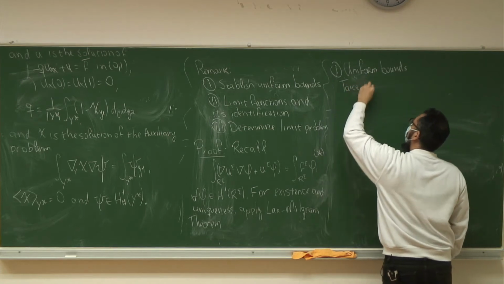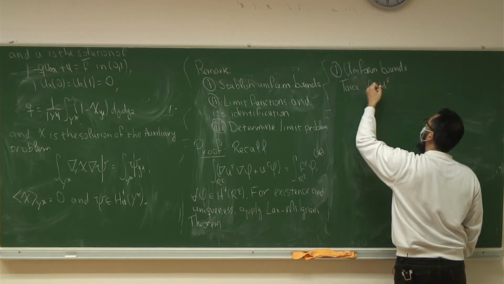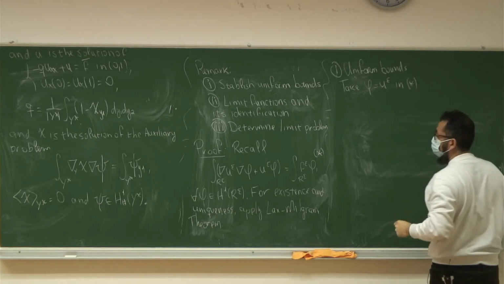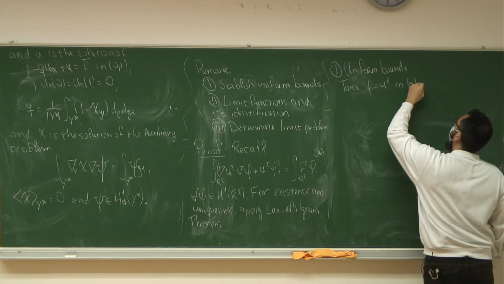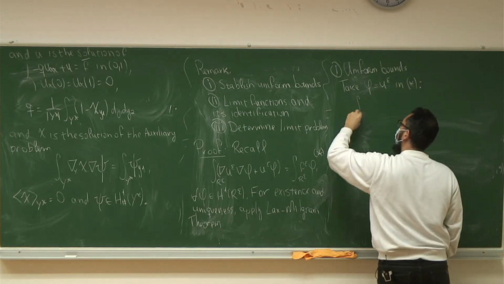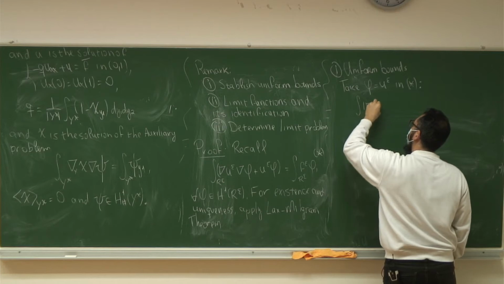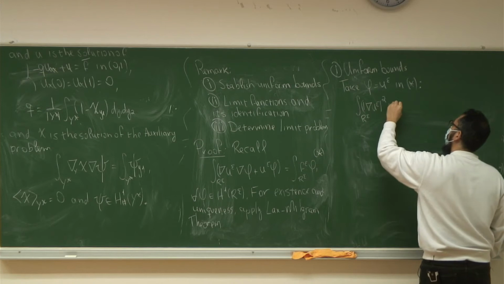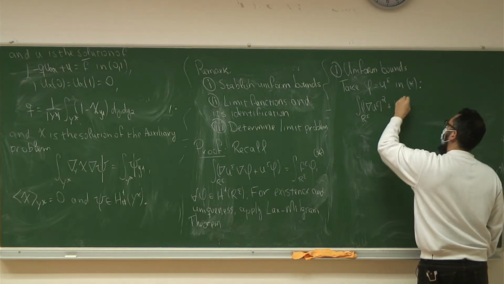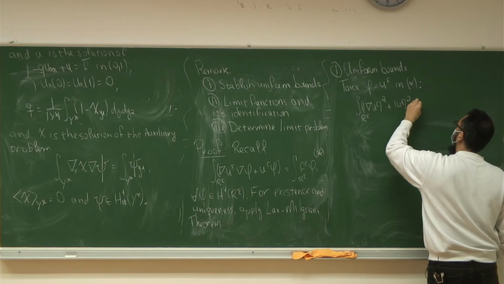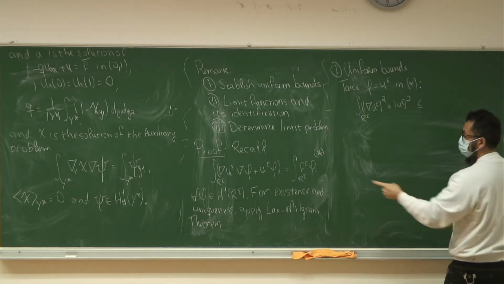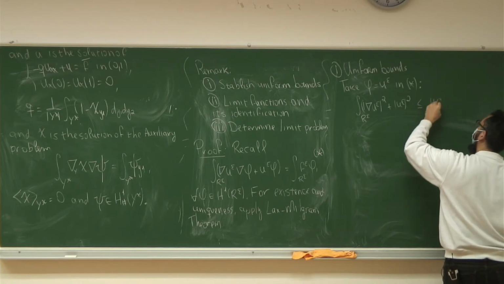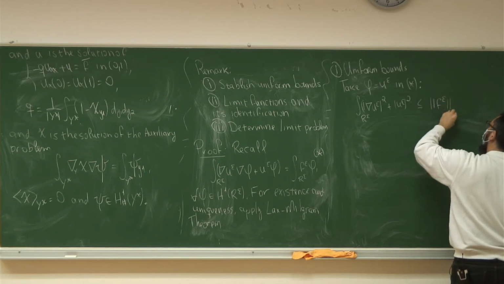Take as a test function the own solution in the variational formulation star, and we get this, plus this, and we use Holder inequality here, which will lead us to this.